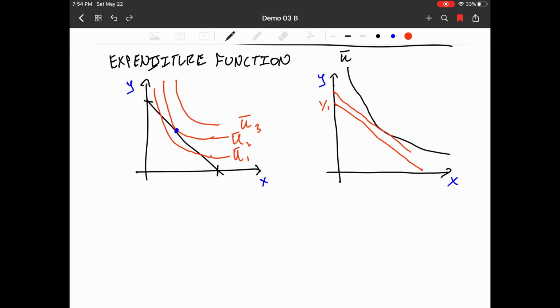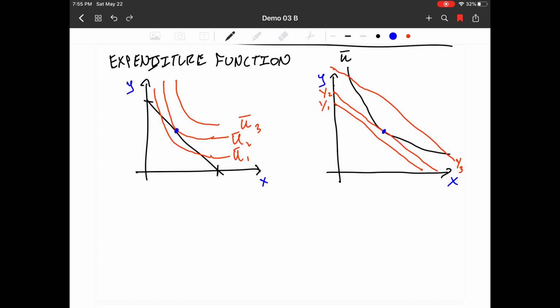Say this is Y2. And maybe some Y3 out here. And the goal is the same. We're trying to find this point where the budget line and the indifference curve are tangent, but instead of moving the utility around, we're moving our expenditure around.